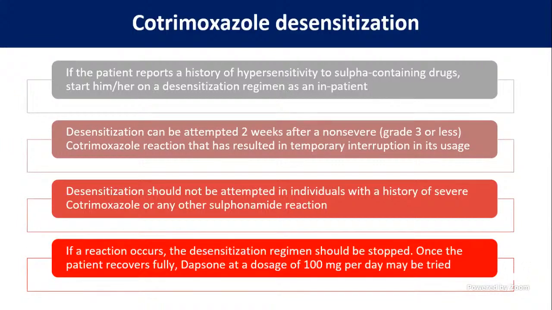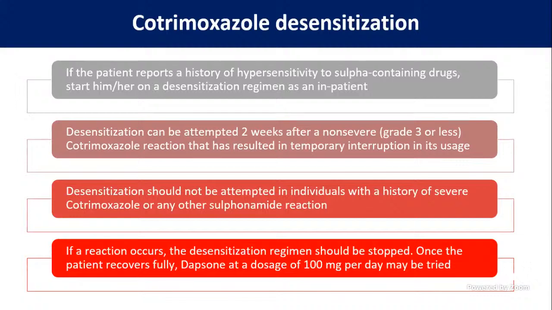It should not be attempted with a history of severe cotrimoxazole reaction, that is grade 4 or something like TSS. In these conditions, we should not be re-challenging. If a reaction occurs, the desensitization regimen should be stopped, and once the patient recovers fully, we need to try dapsone at a dose of 100 milligrams.